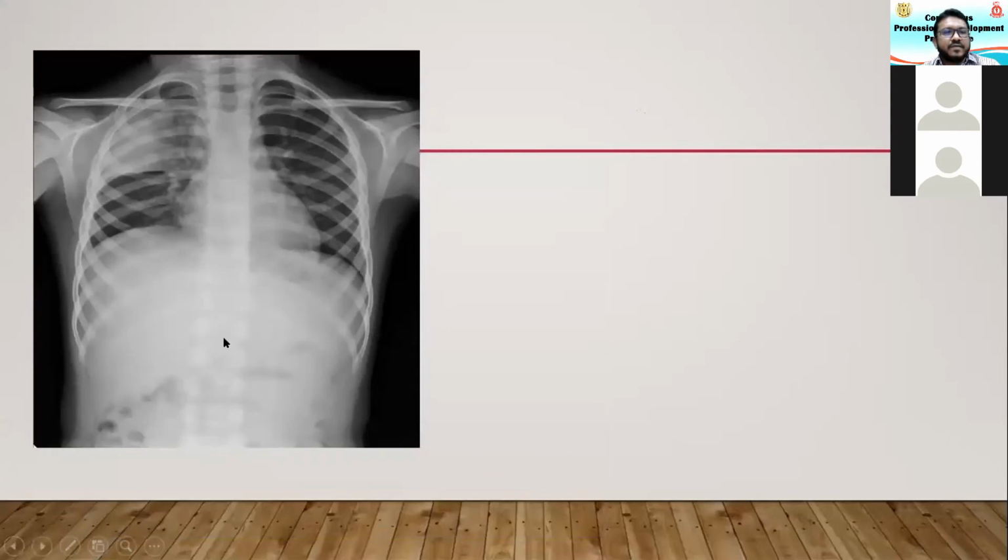Again, another opacity which is just confined to some area, and you can see there's a clear demarcation horizontally. That is because of the horizontal fissure, and then you can see some air within the bronchi. So that is opacity with bronchi going into the affected area.